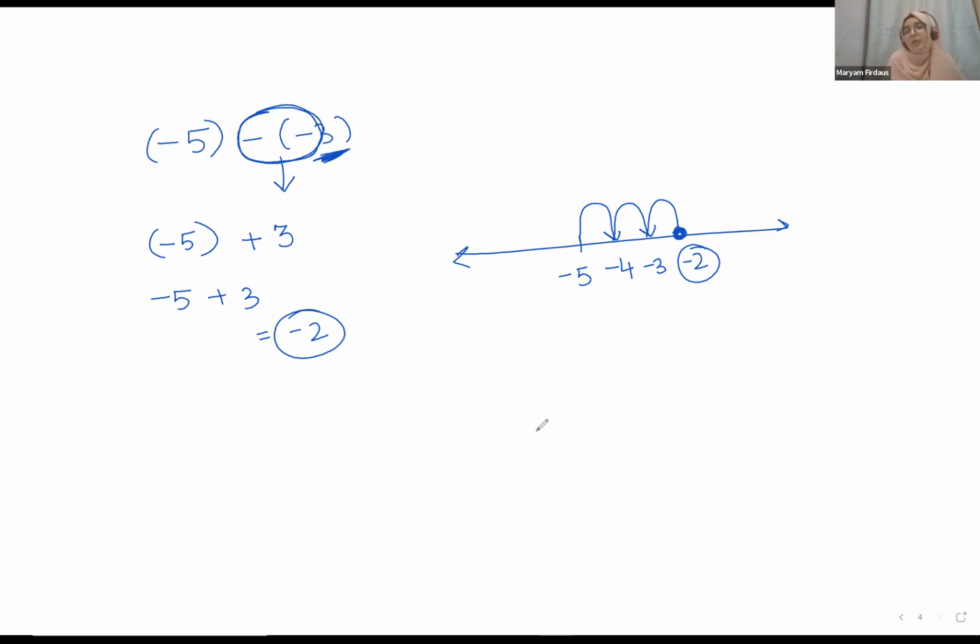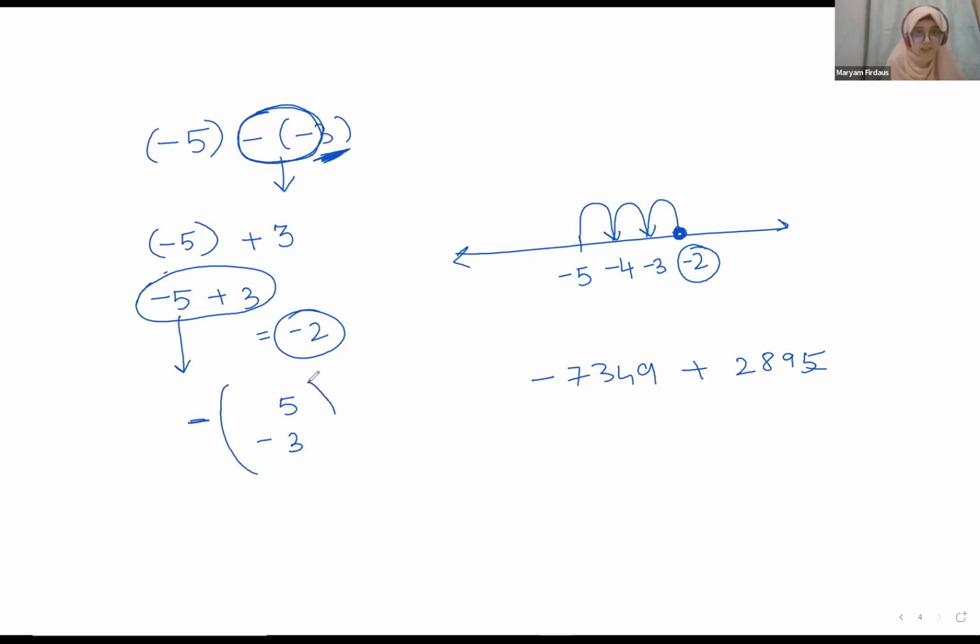But what if you have huge numbers like -7349 plus 2895? In this case, you're not going to sit and count the spaces. So what we do here, can you notice that this is nothing but 5 minus 3, and you add a negative sign in front of it.